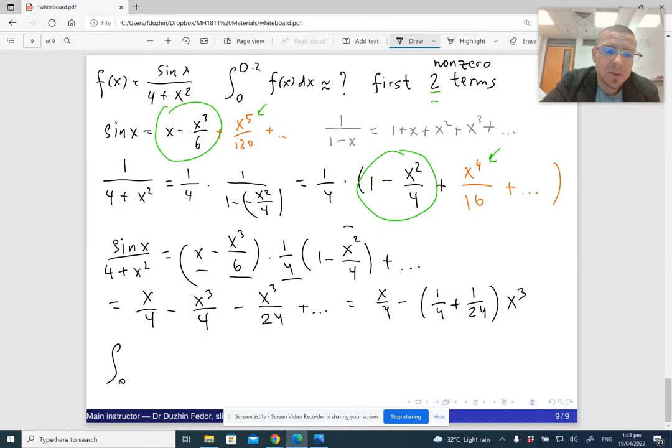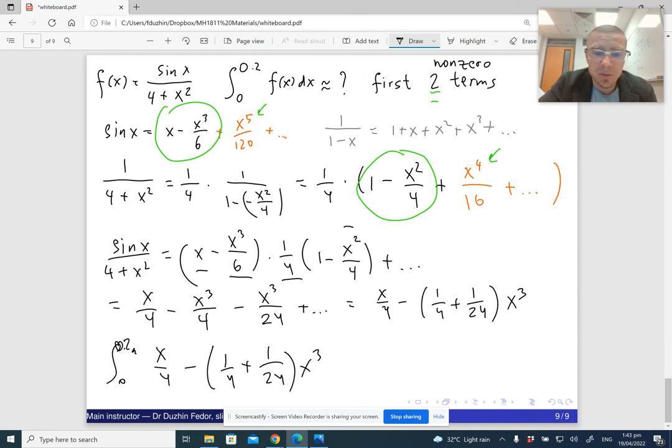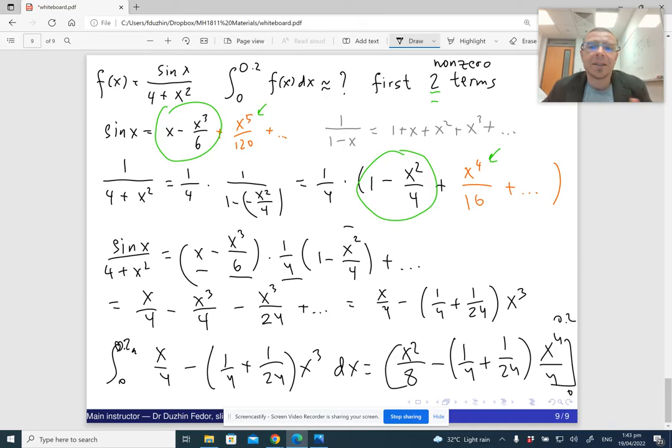The answer is the integral from 0 to 0.2 of this, which is really x squared over 8 minus 1/4 plus 1 over 24 times x to the 4 over 4, evaluated from 0 to 0.2. That's already a straightforward computation, so you can do it yourselves.